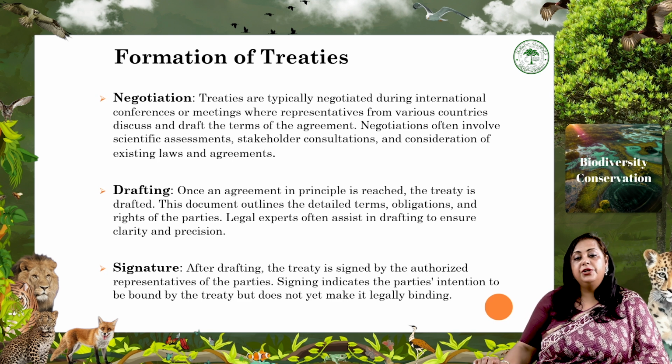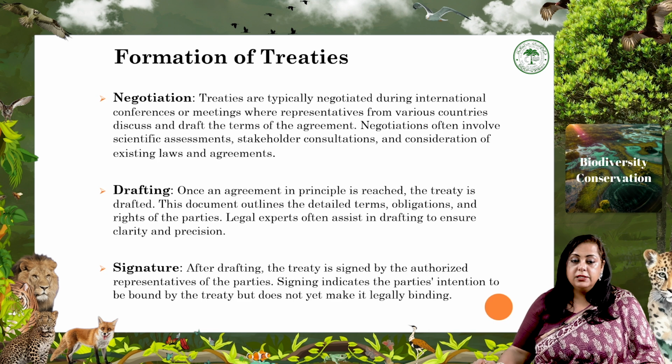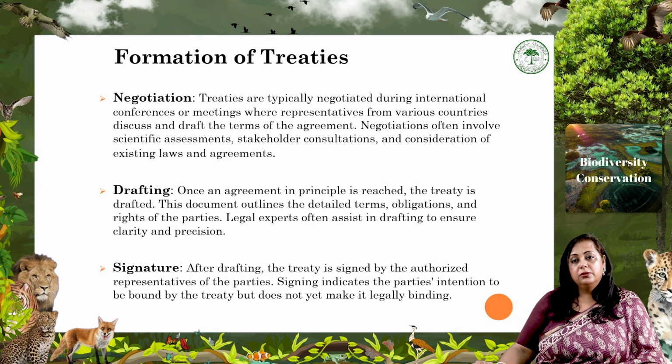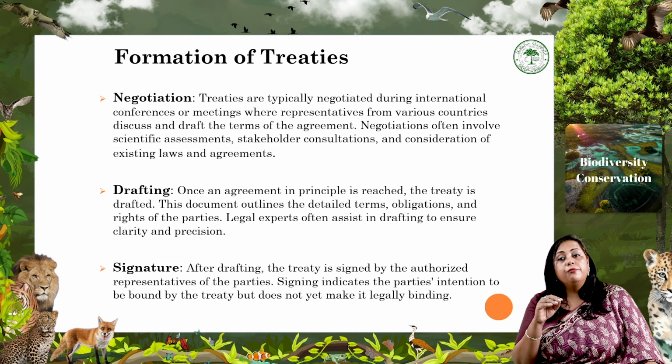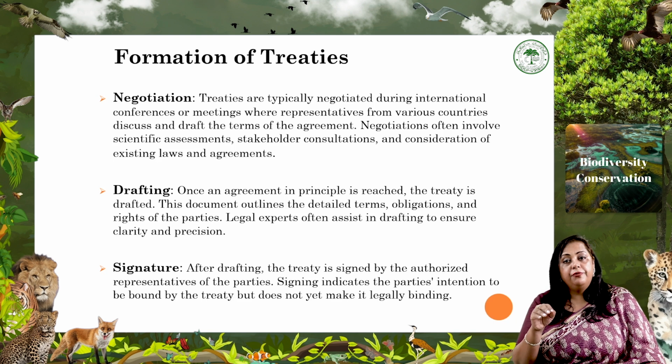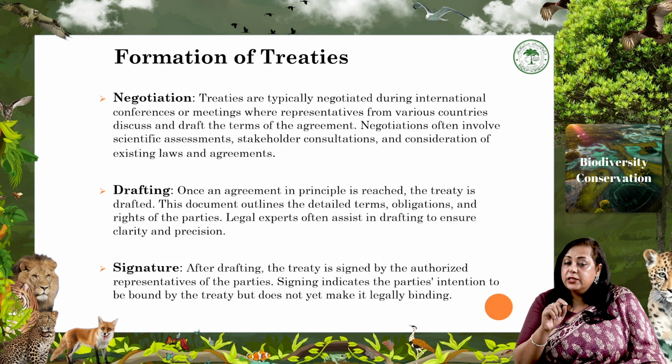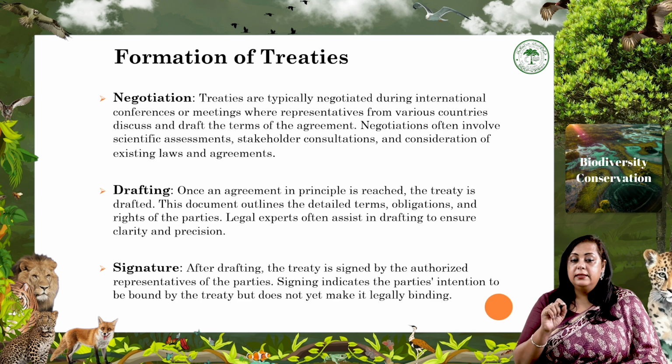After drafting, the treaty is signed by the authorized representatives of the parties. The people of the different countries who are involved in the negotiation and the drafting have to sign the treaty to make it legal.